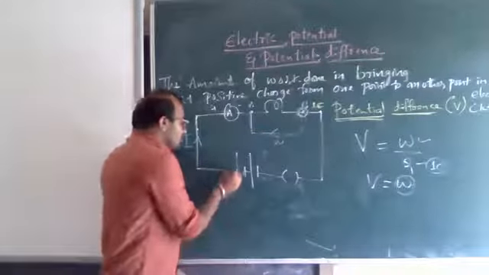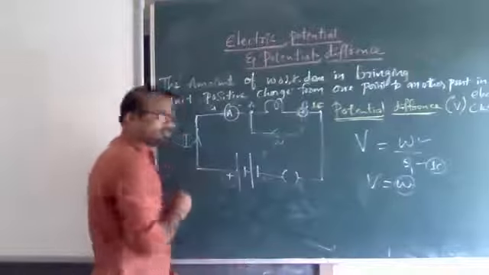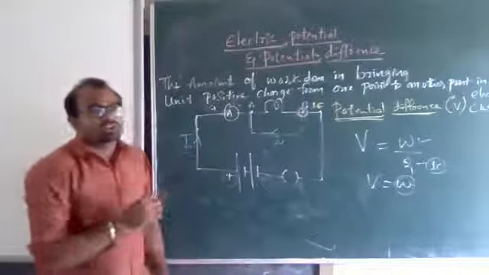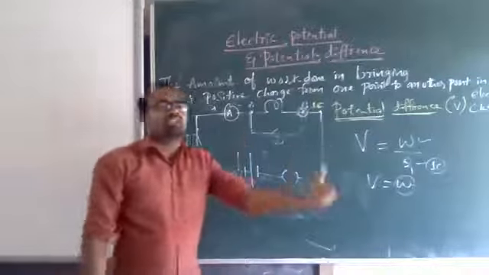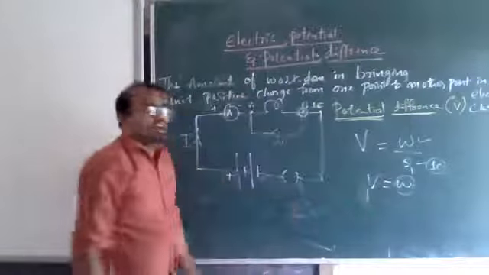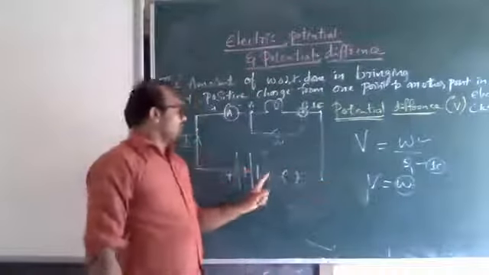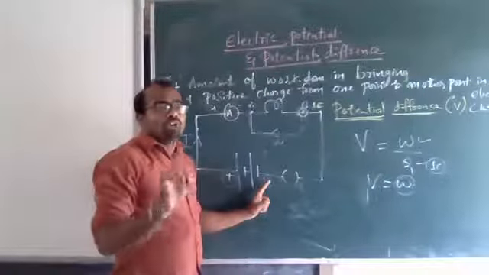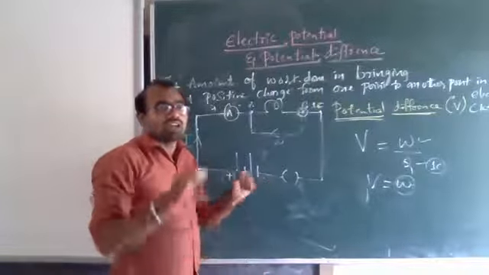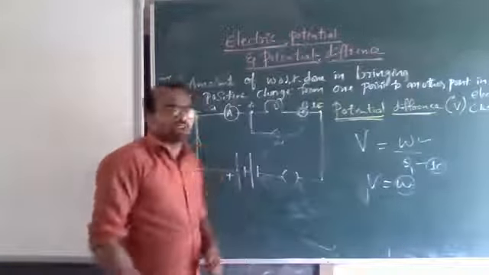We only know that potential is present here, and here also potential is present. So the other point we don't know, so we consider it as infinity. From infinity to this point, if I want to move the unit positive charge, how much work I need to do, that is our electric potential at that point.